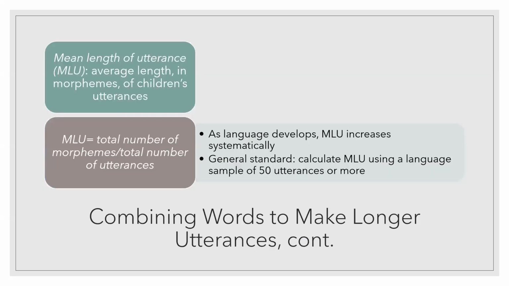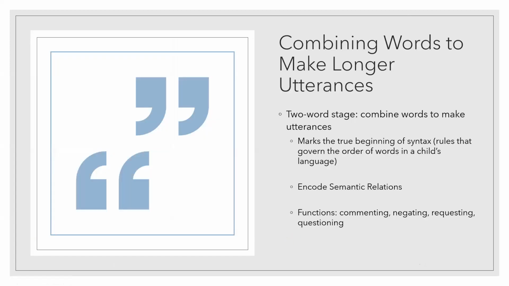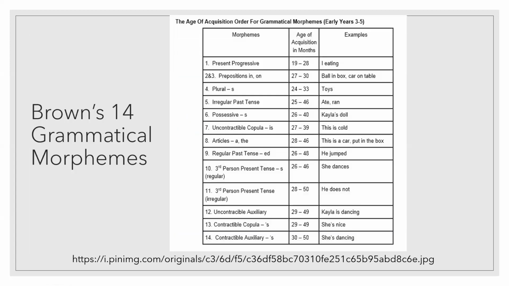So these are Brown's 14 grammatical morphemes, and it says early years 3 to 5, but you can see that many of these actually develop way sooner than that. For most kids, all of them have already started to emerge well before age 5, because remember, age 5 is 60 months.